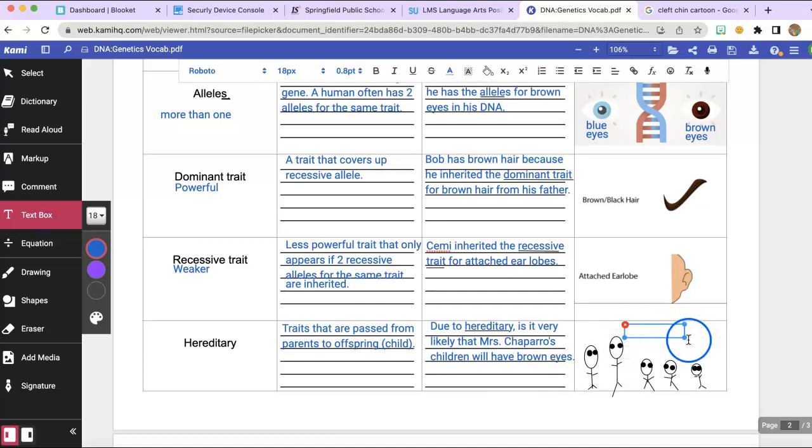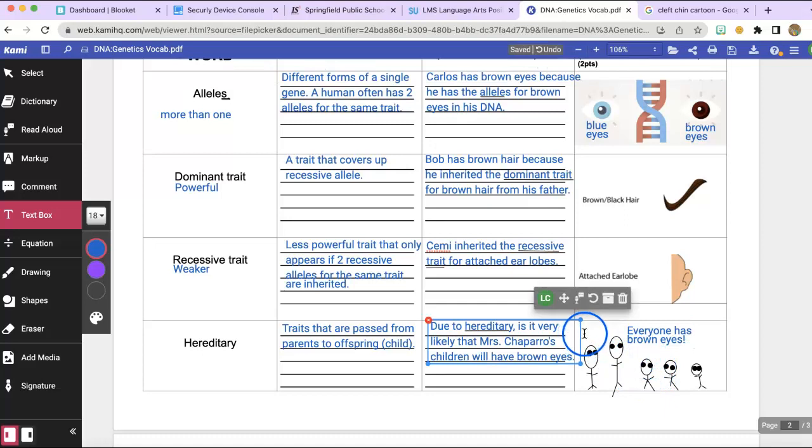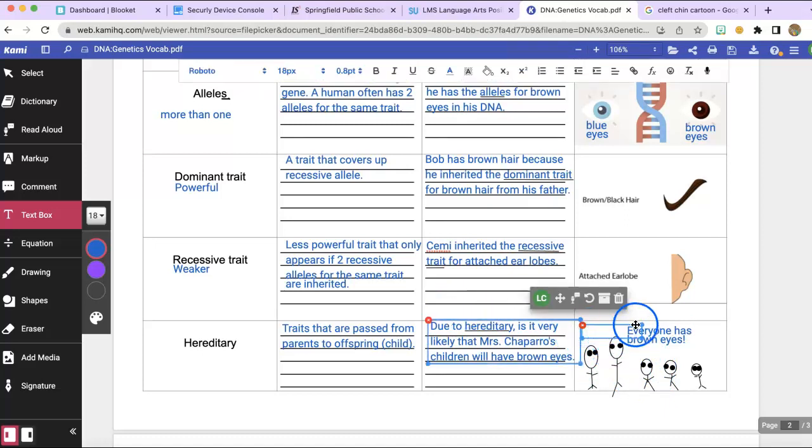Let's grab our pencil, though. And we're going to write a little phrase in here. Everyone has brown eyes. Okay? If you're feeling really fancy, you can go through here and label this. Oh, you know what? Let's feel real fancy. Go ahead and get your pencil back out.